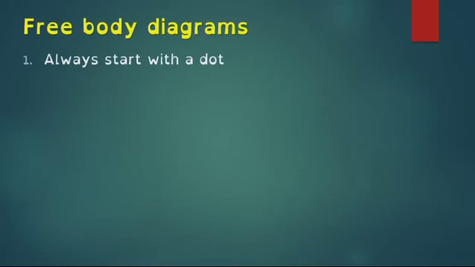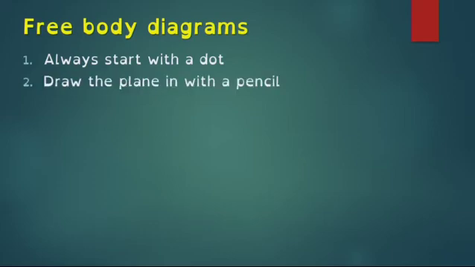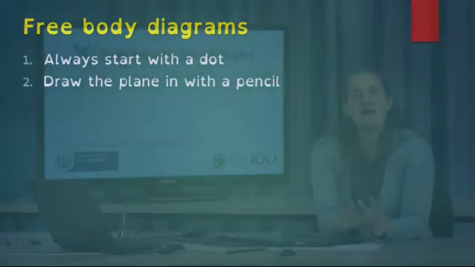Right, so let's talk about free body diagrams. When you draw a free body diagram, you start with a dot. Now, this is not part of the mark you will receive, but let me explain to you why I strongly recommend that you draw the plane in with a pencil.